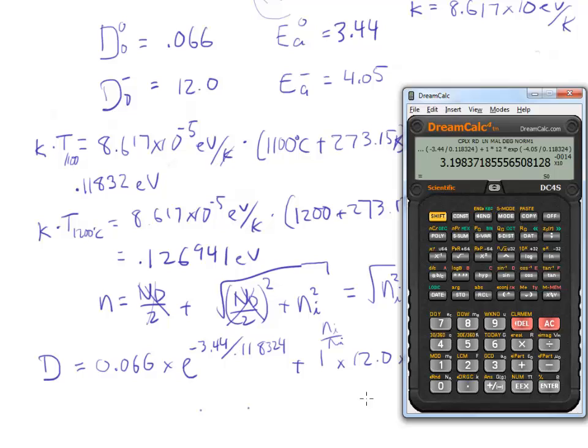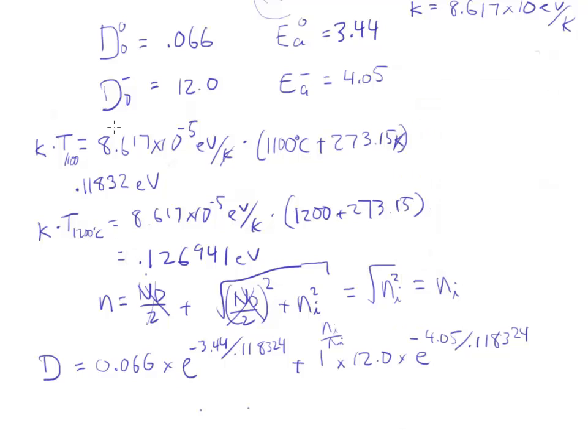So I'm going to write that down. My D at 1100 degrees came out to be 3.1983. I'm carrying through quite a few decimal places just to avoid losing accuracy on my way through the calculation.